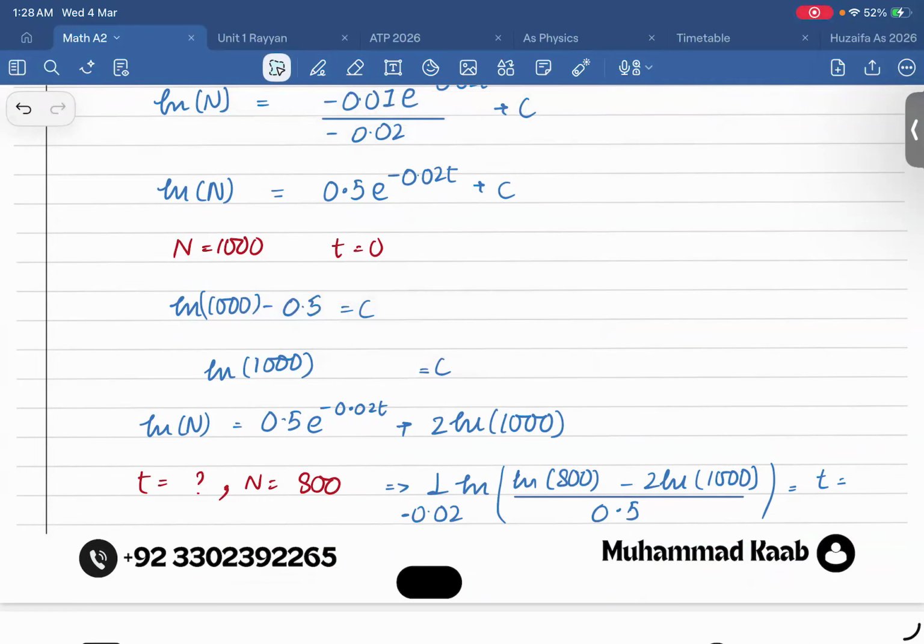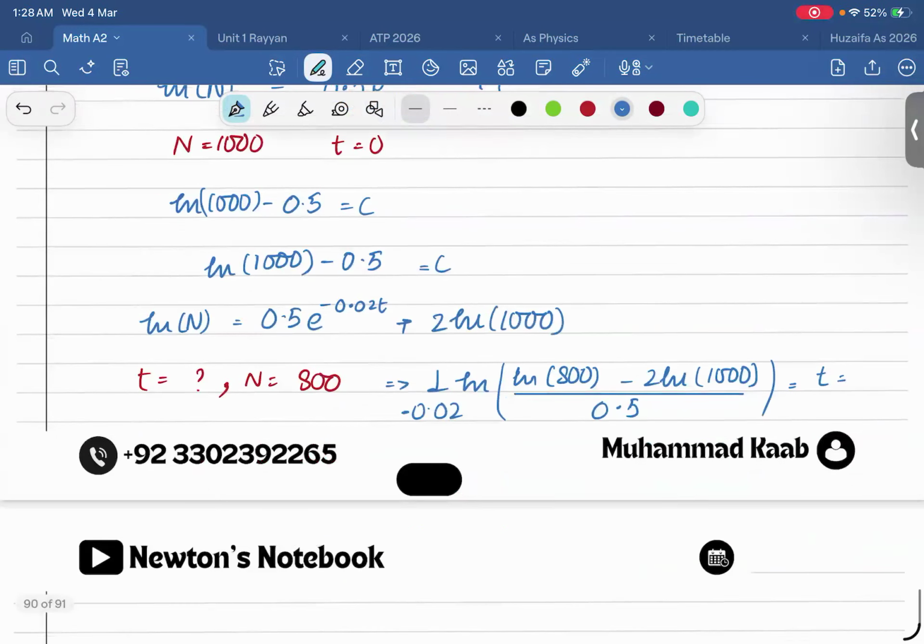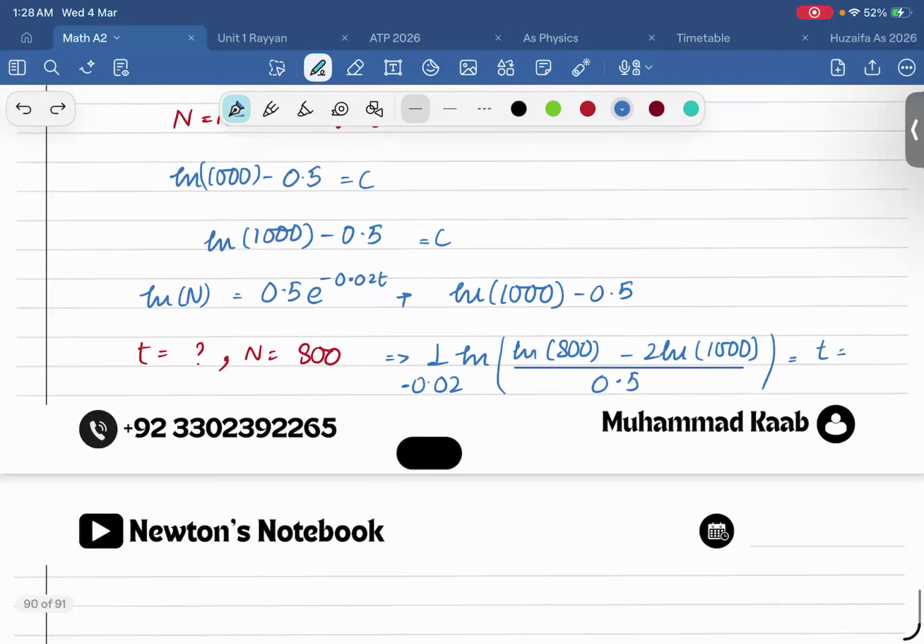It should be negative 0.5 instead, right? And when I move it to the other side, now let me try again.